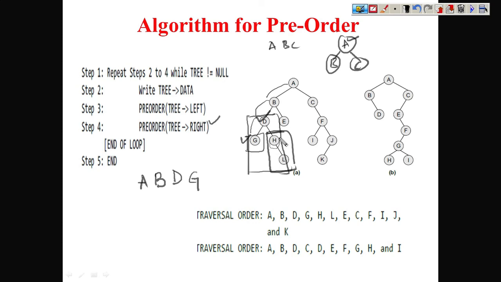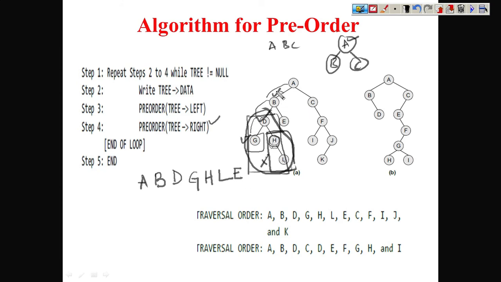Now this is acting as a root, so you take H, and then you look for the left child. There is no left child, so you look to the right child, that is L. Now we have already finished this entire left child, so the root is finished, the left child is finished, and then we have to traverse the right child, that is E.